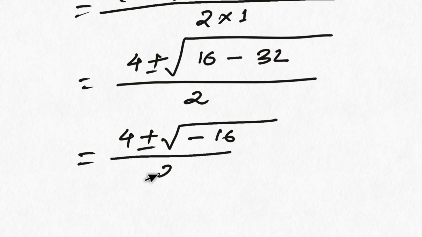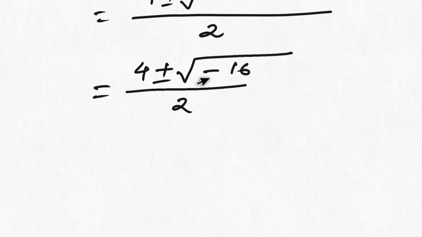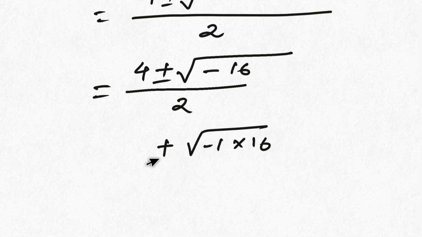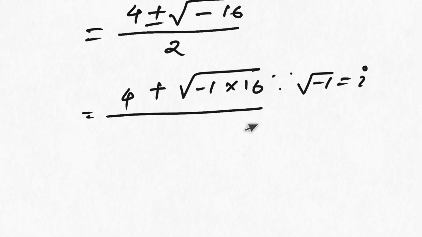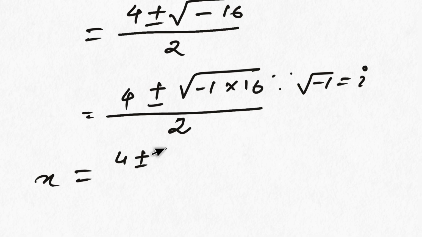We can rewrite that square root of negative 16 as the square root of negative 1 times 16. Because we know from our complex numbers that the square root of negative 1 is equal to the imaginary unit i, we can substitute i into our equation. This gives us x equals 4 plus or minus i times the square root of 16, all over 2.